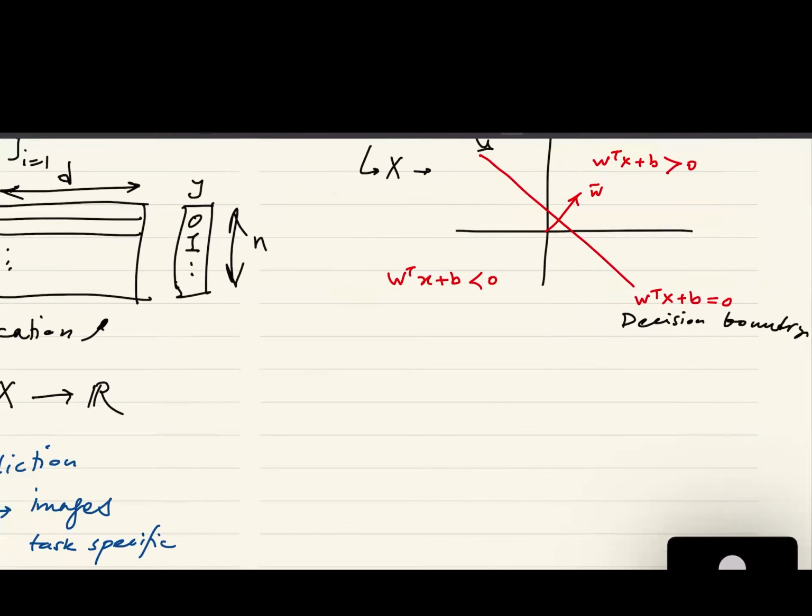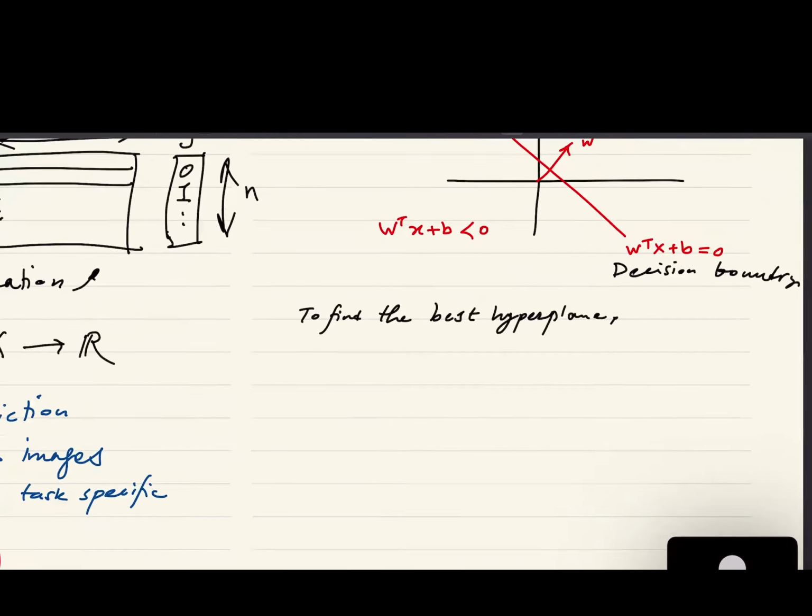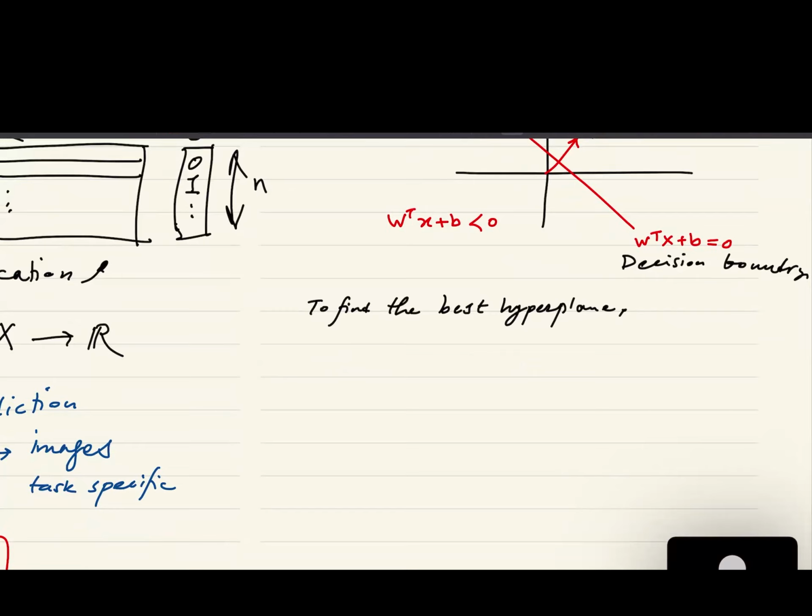So let's talk about how we can determine or estimate W's that do well on the loss function we want for this specific linear case. We need to quantify an error, to say what is not a good hyperplane, in this regression case.